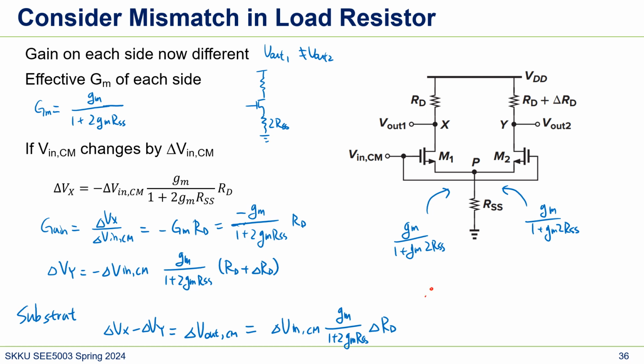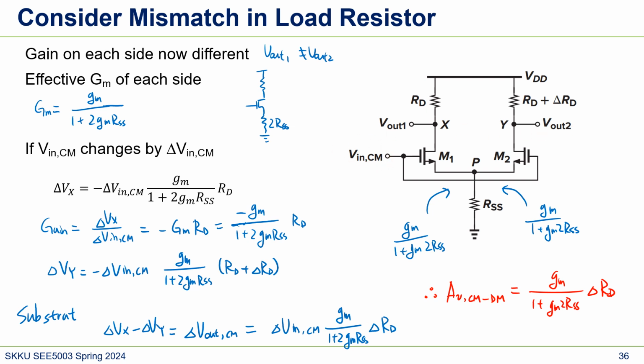So as a conclusion, the common mode to differential mode gain, AV CM to DM, would be (GM1 plus GM2) RSS times delta RD. So we can see that if you have a load resistor mismatch, that will convert the common mode change to the output change.